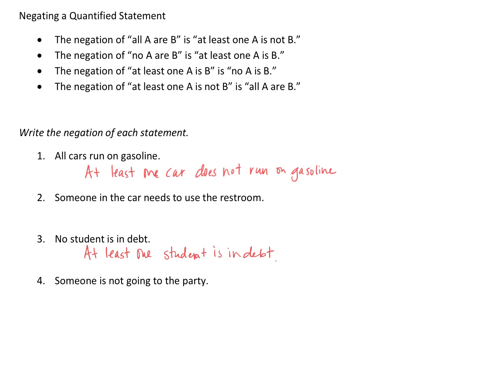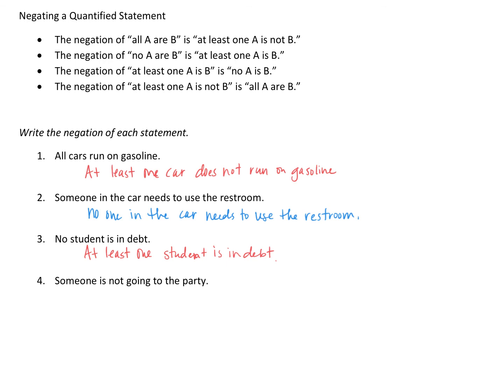So I'm going to say no one in the car needs to use the restroom. So this statement was someone. That's the same as at least one. So someone in the car needs to use the restroom, and I'm saying no one in the car needs to use the restroom. So that's the negation.